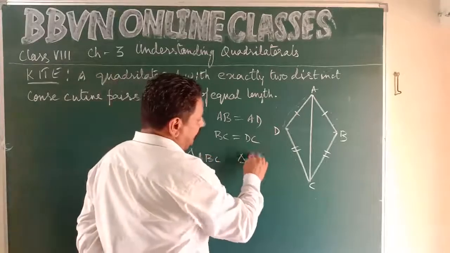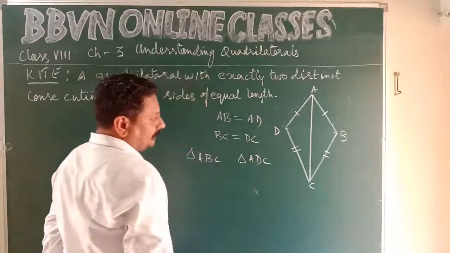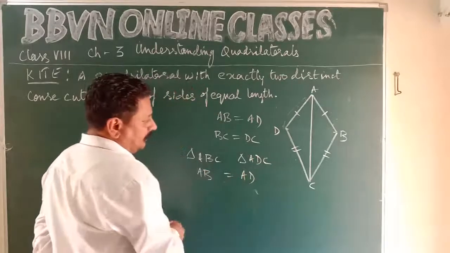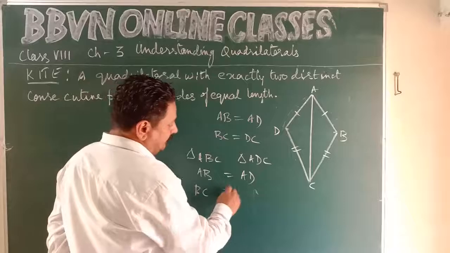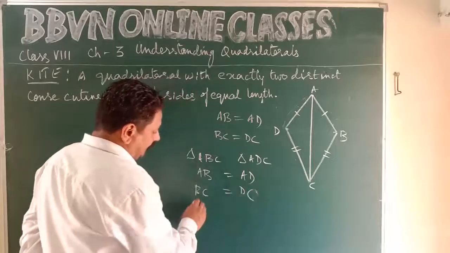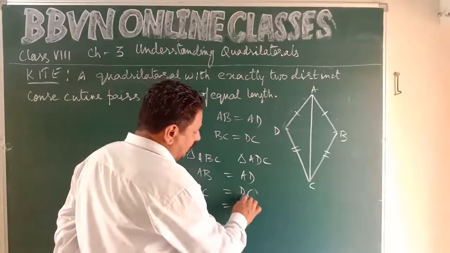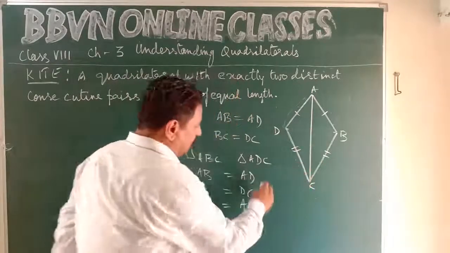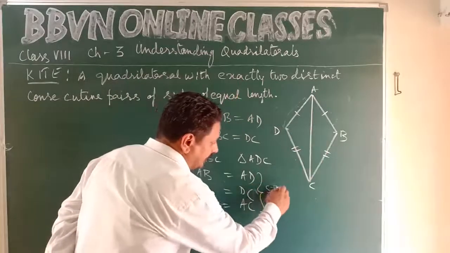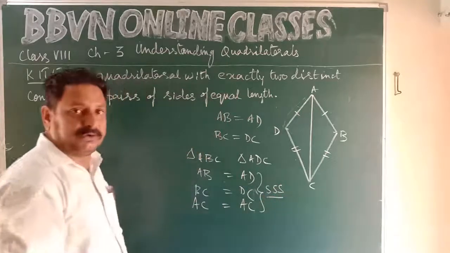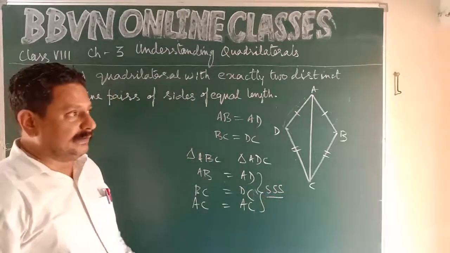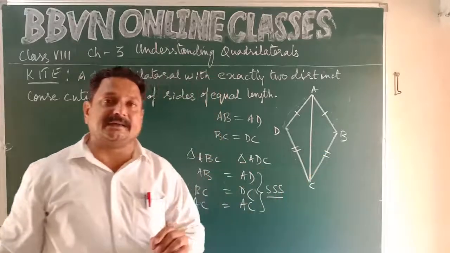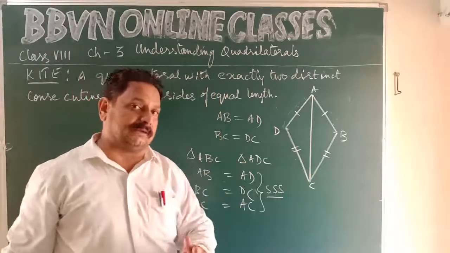We see AB is equal to AD, also BC is equal to DC, and side AC is common in both the triangles. So these two triangles are congruent by SSS rule of congruence. So one of the diagonals of a kite divides it into two congruent triangles.